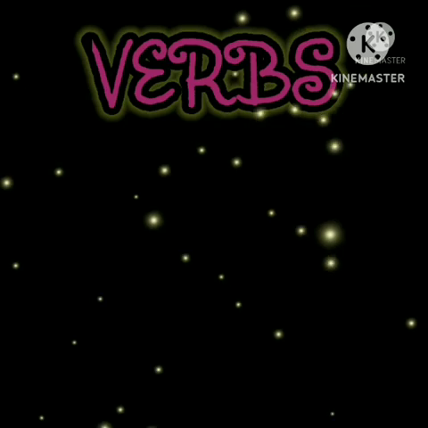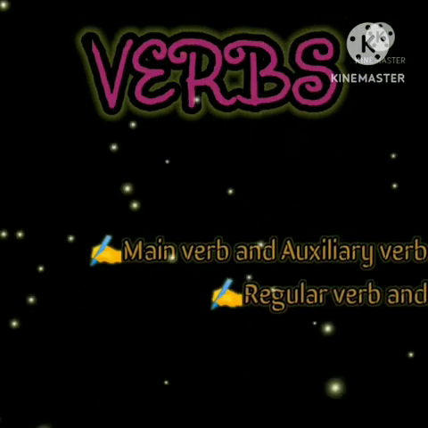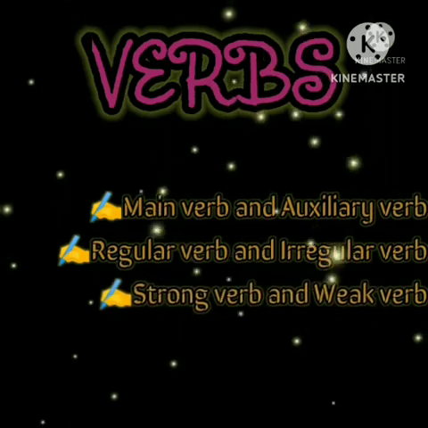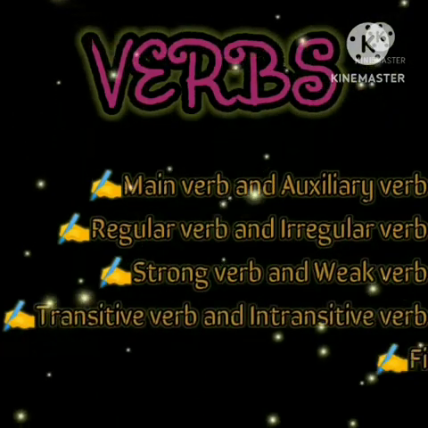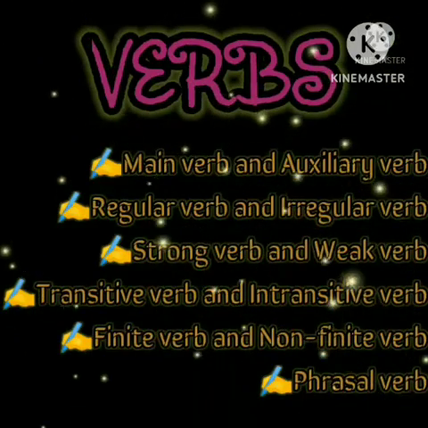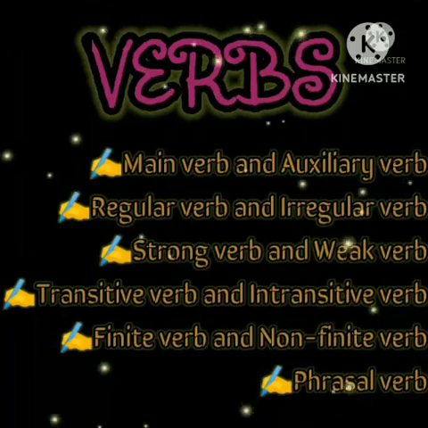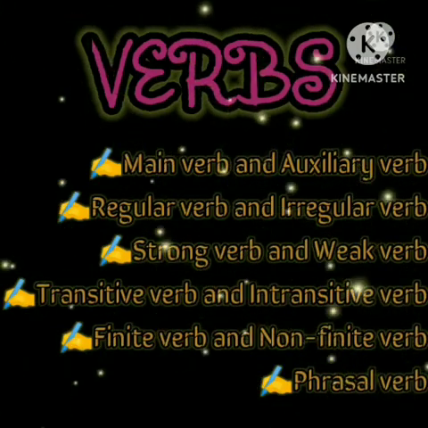Listen children, the verbs can be taken under different types like main verb and auxiliary verb, regular verb and irregular verb, strong verb and weak verb, transitive verb and intransitive verb, finite verb and non-finite verb, and also phrasal verb.